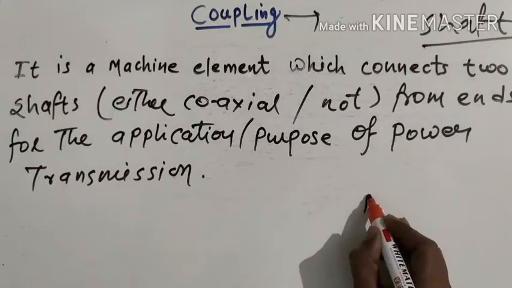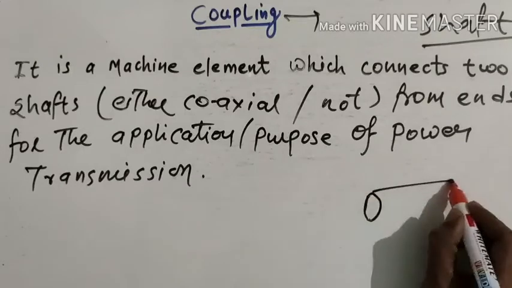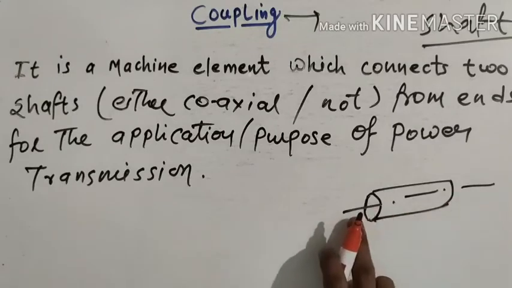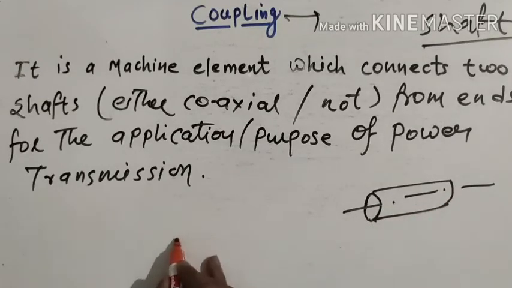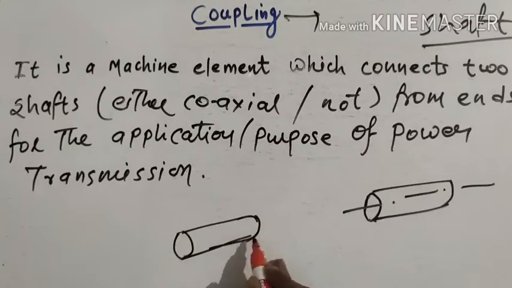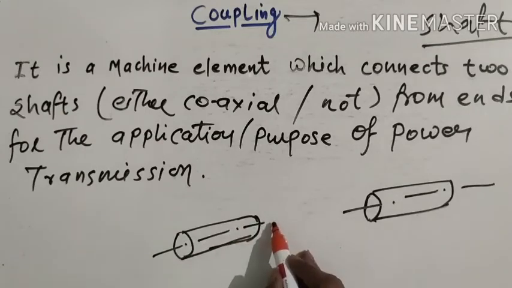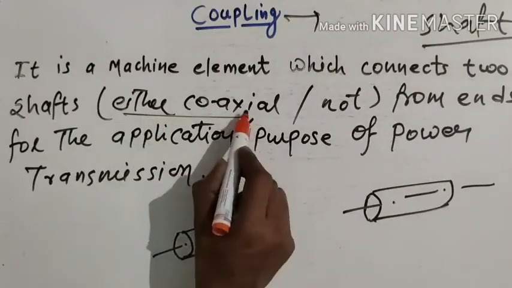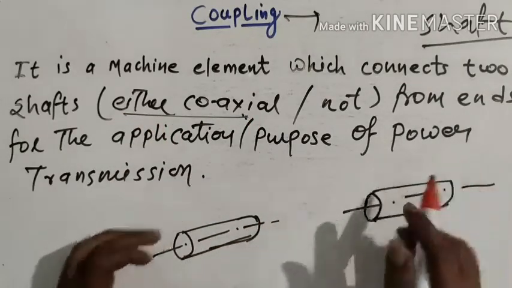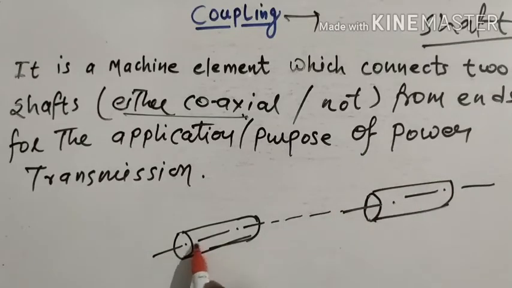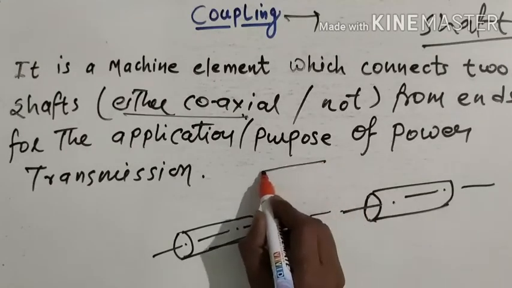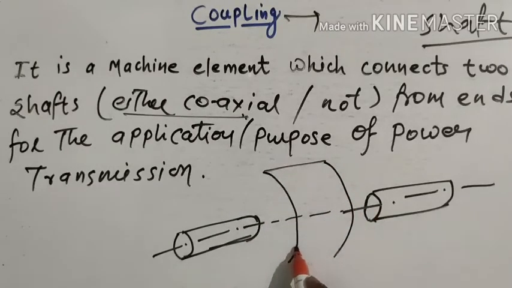If we need to join two shafts, as we discussed earlier, like this is one shaft and this is the axis of the shaft, and now we again have a shaft, and this is aligned, that is, coaxial. So suppose the center lines of both shafts are the same, then we use a certain kind of coupling like this.